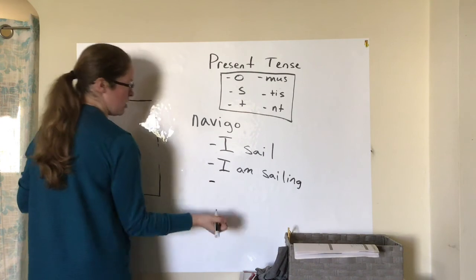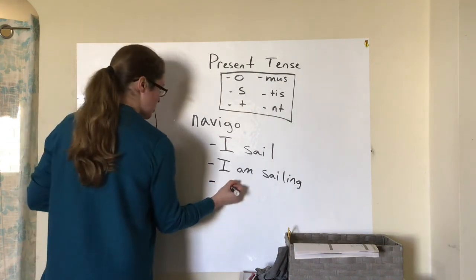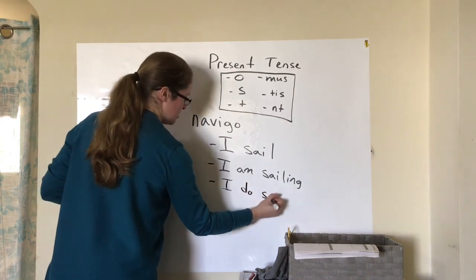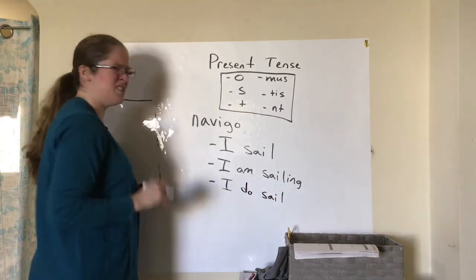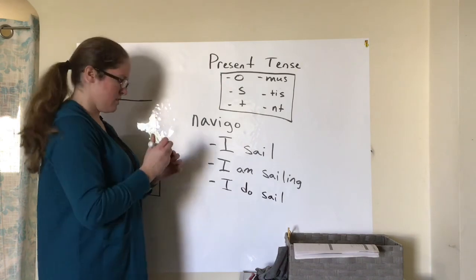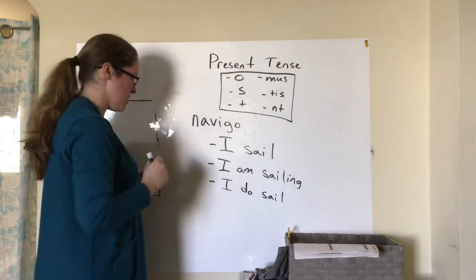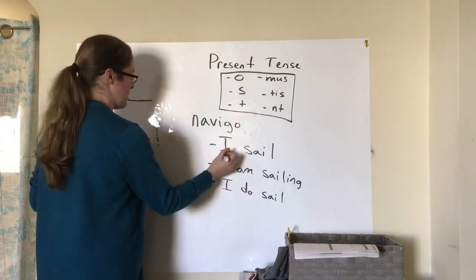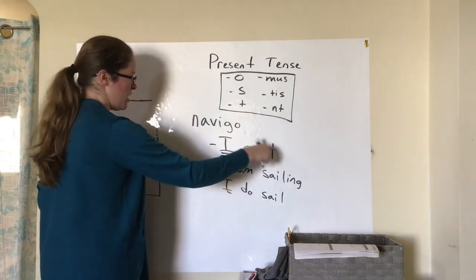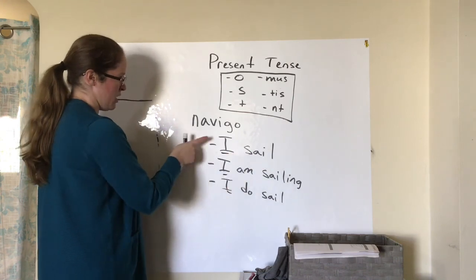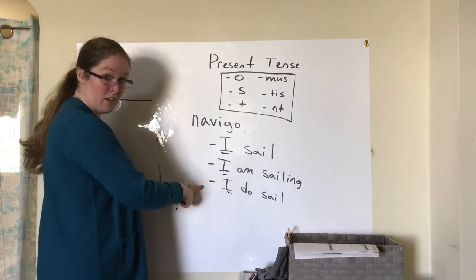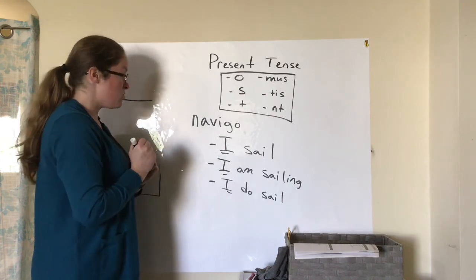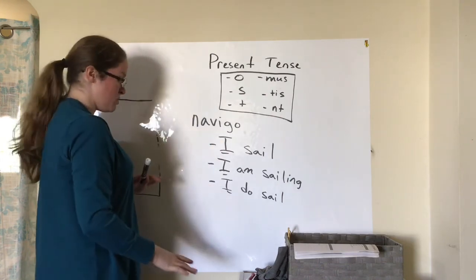And there's also something called the present emphatic, which is I do sail. Someone says, you don't sail, and you're like, I do sail. You're emphasizing the fact that you do it. So I sail, I am sailing, I do sail. Notice we still kept the I, and all of them are still happening right now. Okay, so those are 3 ways to translate the present tense.